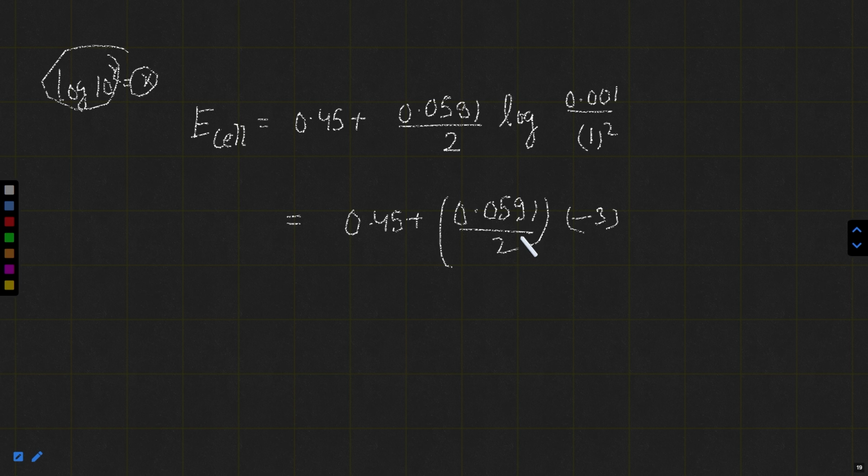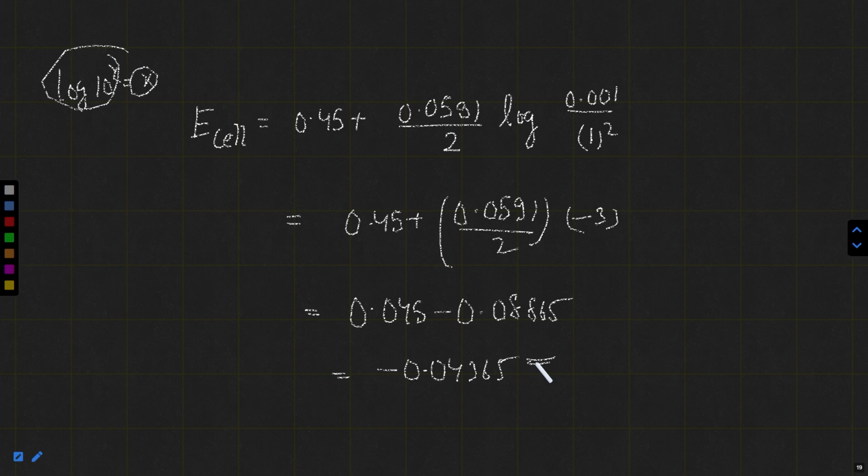Now let us use the calculator so we can do it quickly. 0.0591 divided by 2 multiplied by 3 gives an approximate value of minus 0.08865. And we have to add 0.45, which gives 0.36135. You get it? Is it clear? So this is the final value.